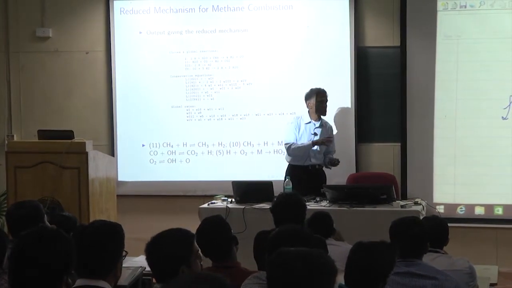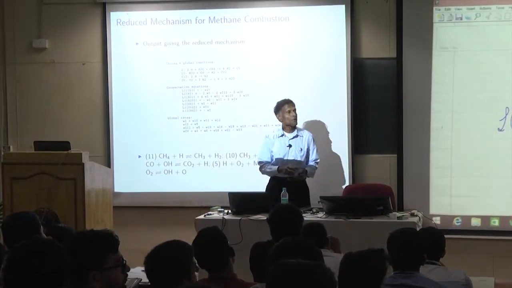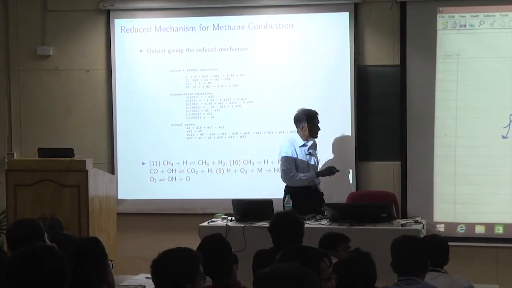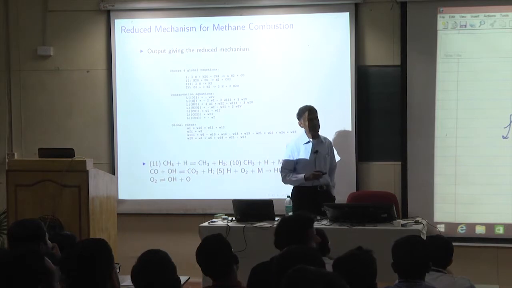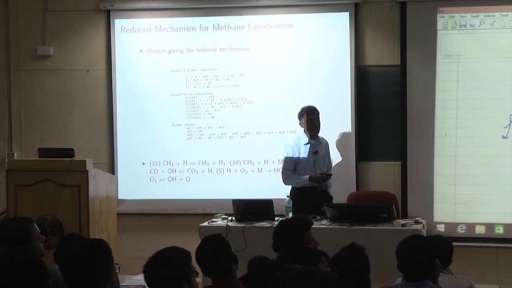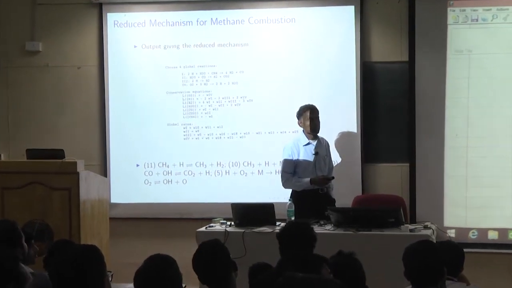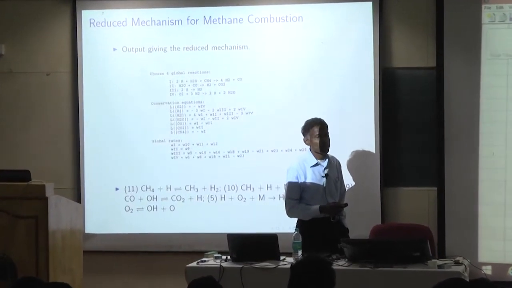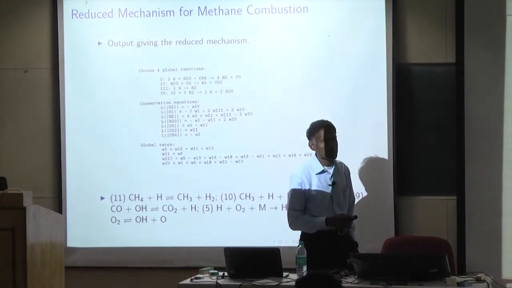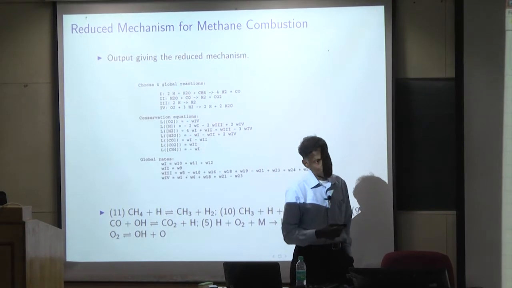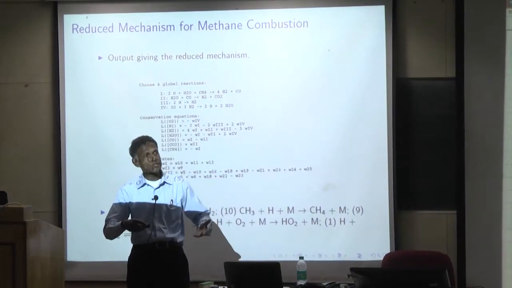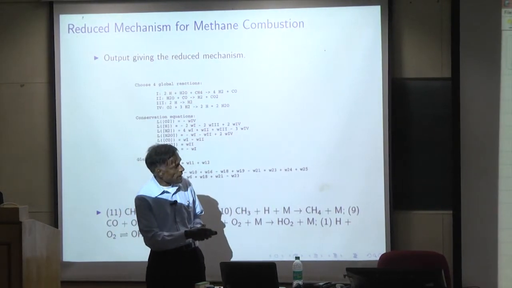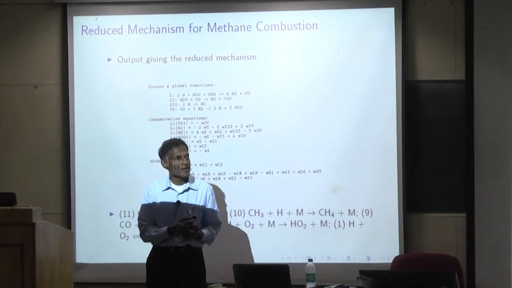But every time you remove something, you lose some accuracy. You take the detailed scheme to solve a very simple problem, eliminate that, and see what happens.